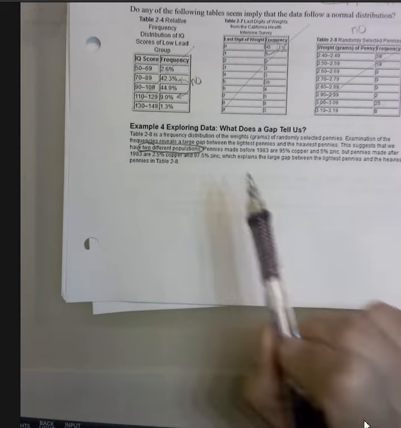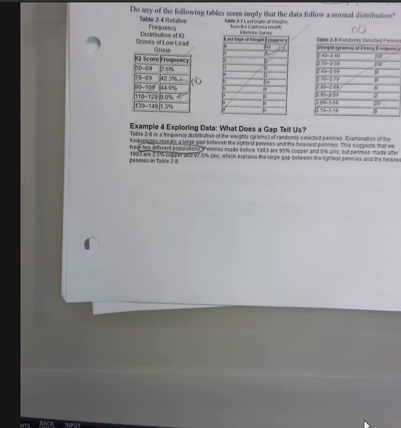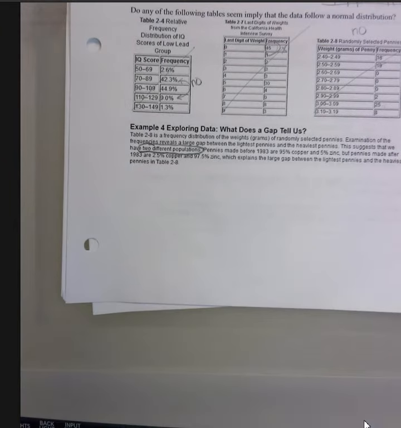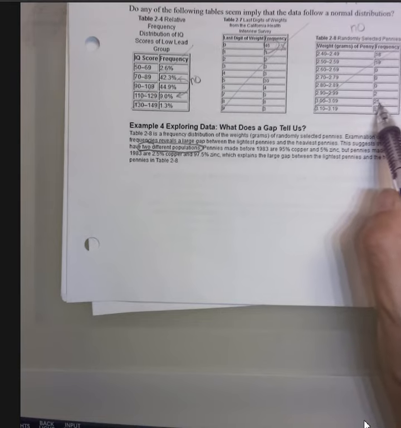Some information that would help explain this is that pennies made before 1983 are 95% copper and 5% zinc, but pennies made after 1983 are 2.5% copper and 97.5% zinc. So they almost totally switched the makeup. And so obviously the zinc ones are a little bit heavier, right?